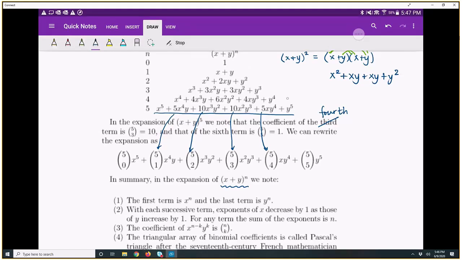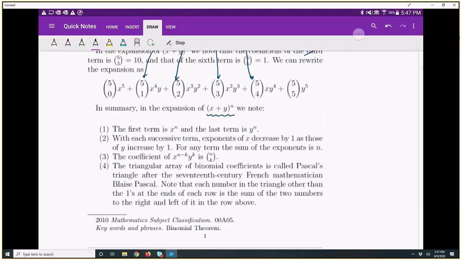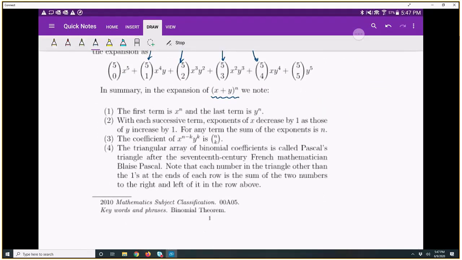With each successive term, exponents of x decrease by 1, as those with y increase by 1. So you can see that pattern playing out here. The coefficient of any given term, x to the n minus k, y to the k, is n choose k. And again, you can see that playing out here.